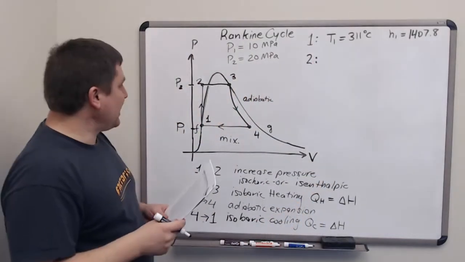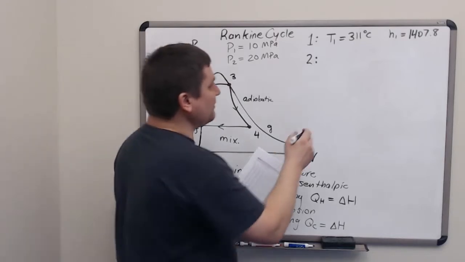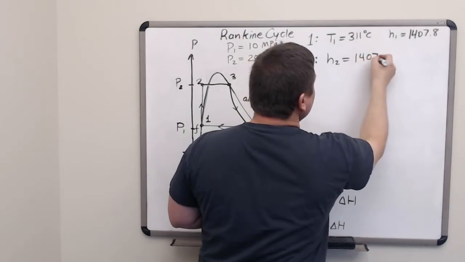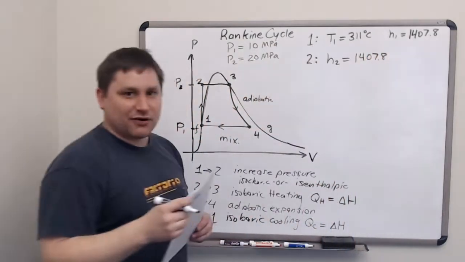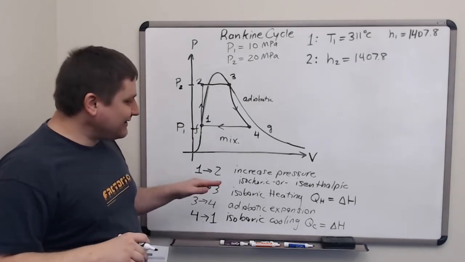Let's now look at location 2. Location 2 will have a similar enthalpy value to location 1, since we approximate the process from 1 to 2 as isenthalpic.